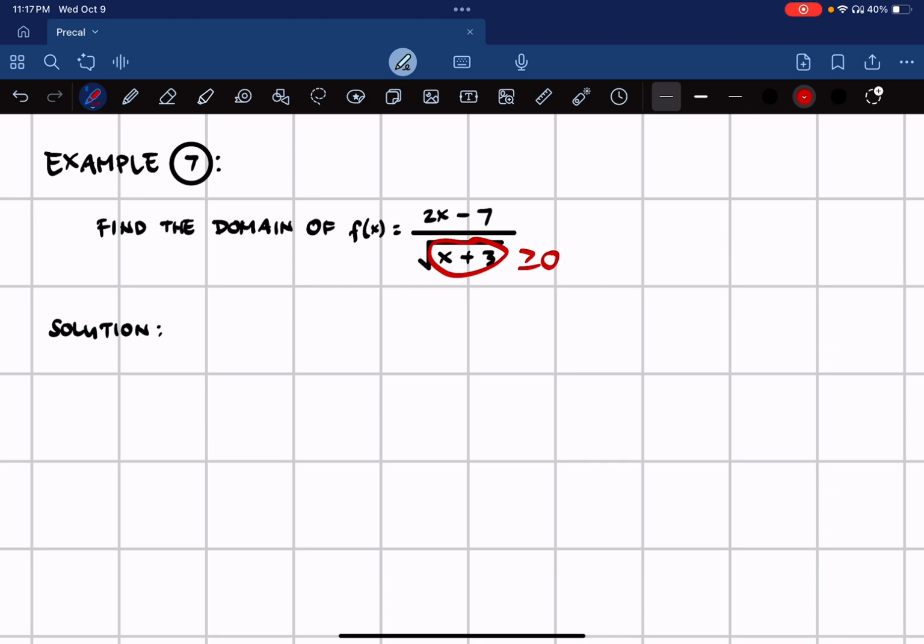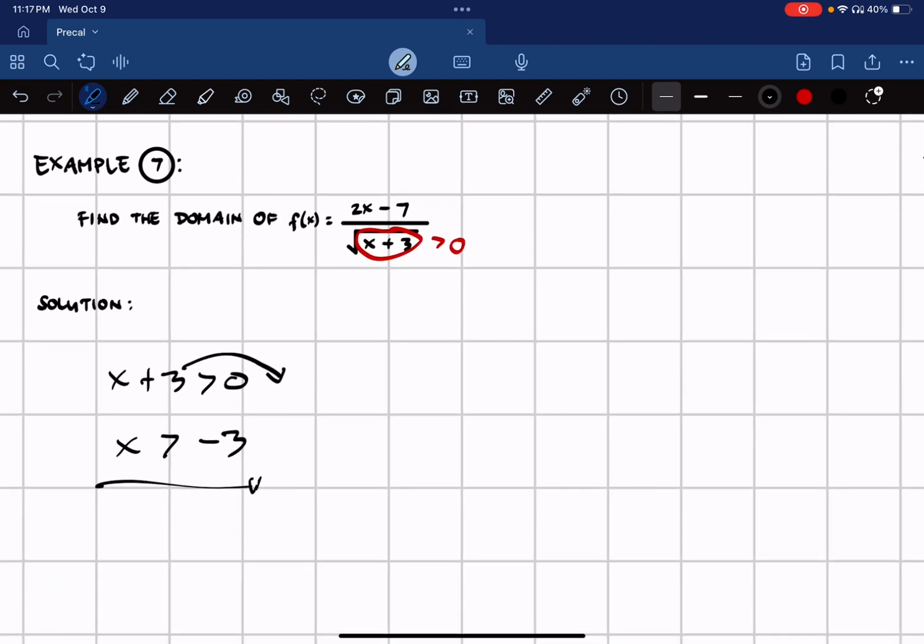However, it is in the denominator, which must not be 0. So the expression must be greater than 0 only. We can solve that now. So, x plus 3 must be greater than 0. Transposing, x is greater than negative 3. That is our only restriction.